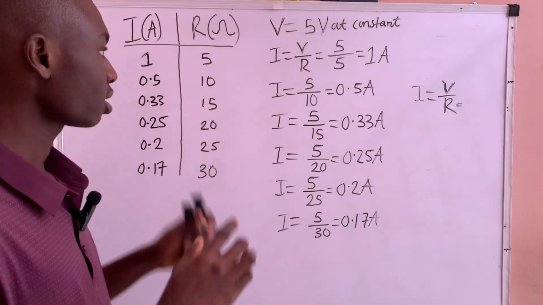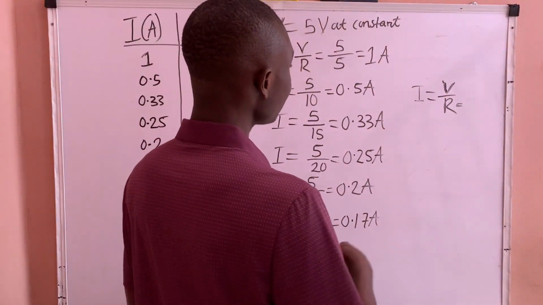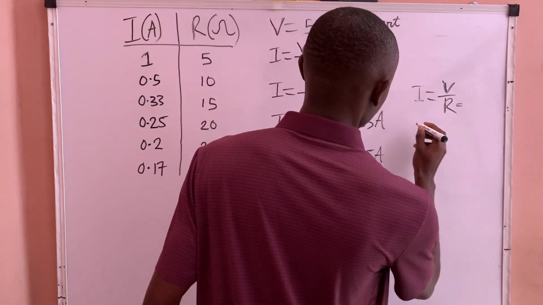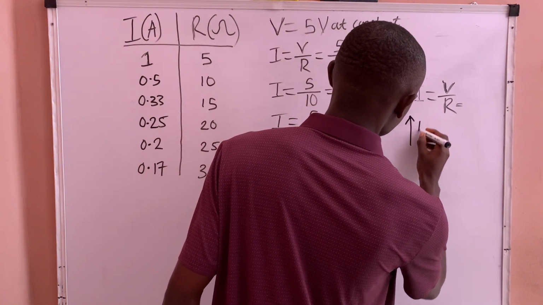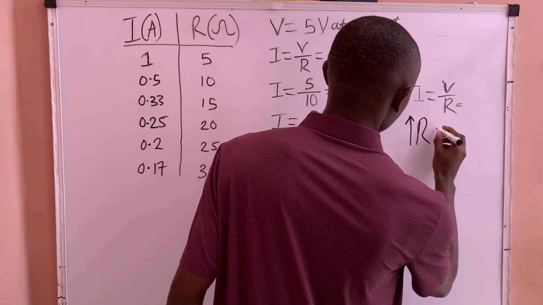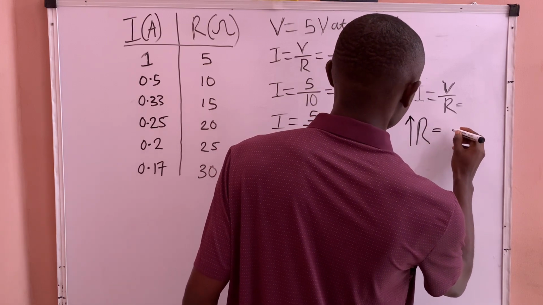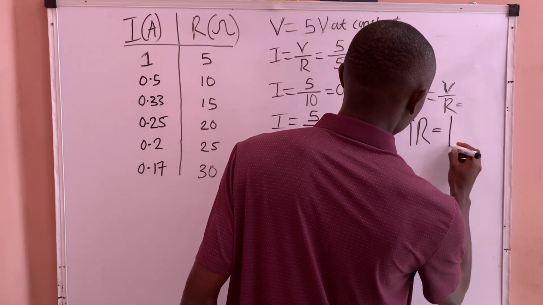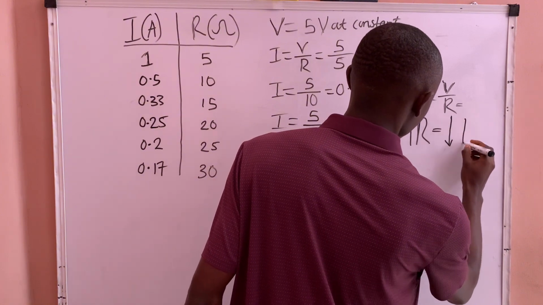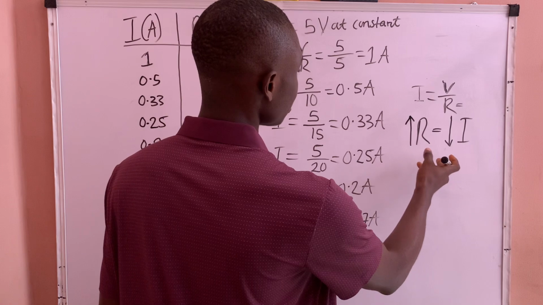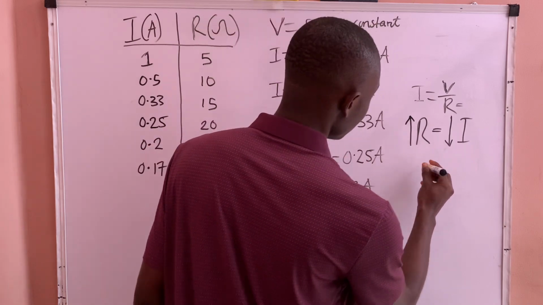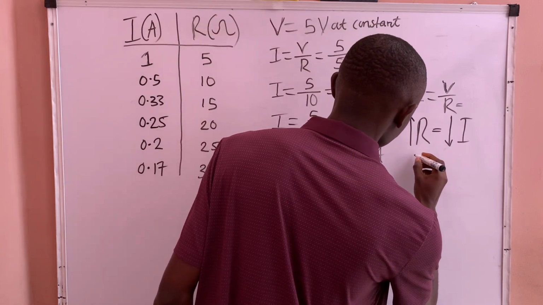So the entire concept is increase in resistance value leads to decrease in the value of our current, which is I. Why decrease in resistance value?